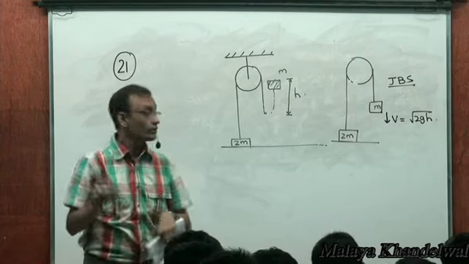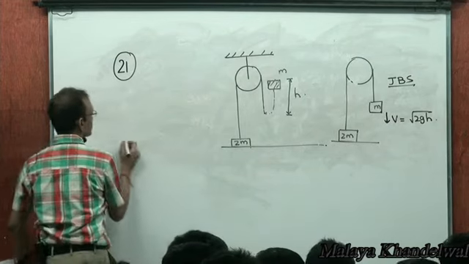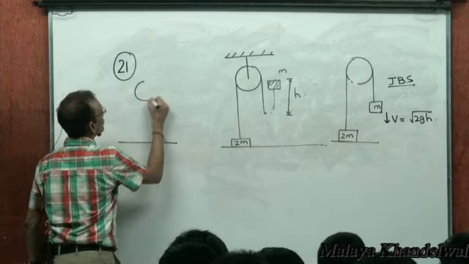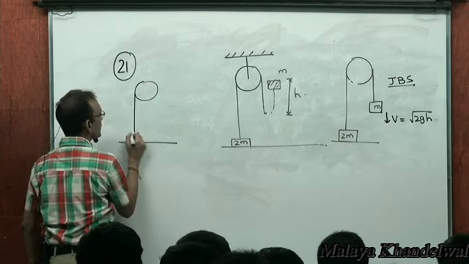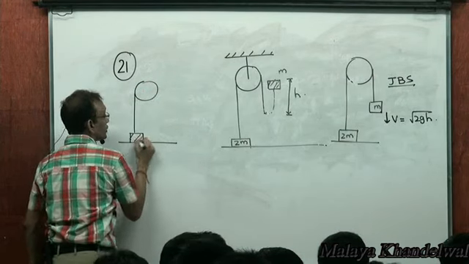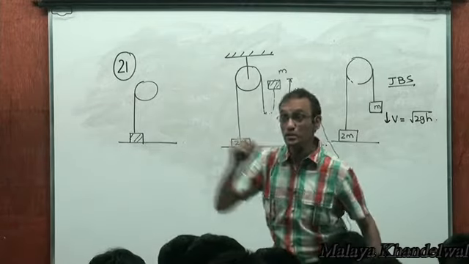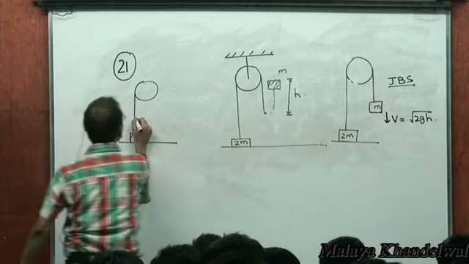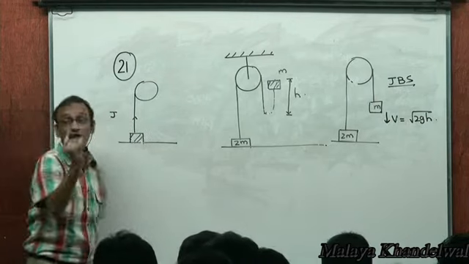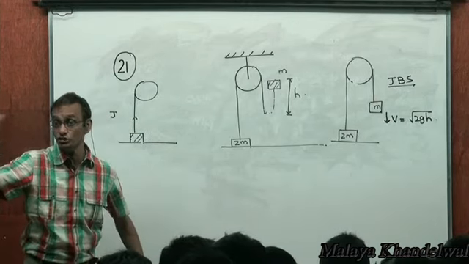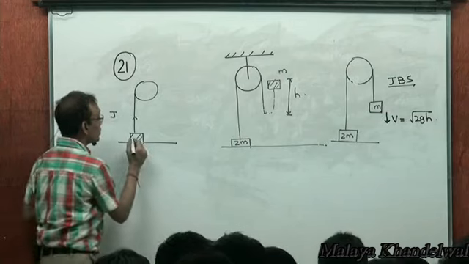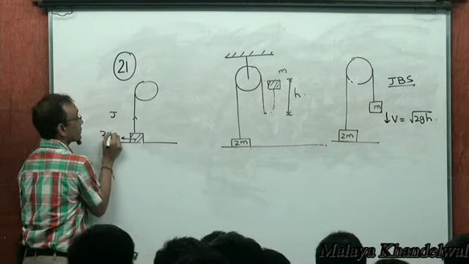Now, right after this, there is a build-up of tension in the string. Because of the tension in the string, there is an impulse. That impulse is j. That means tension into time is the impulse. This is the mass 2m.